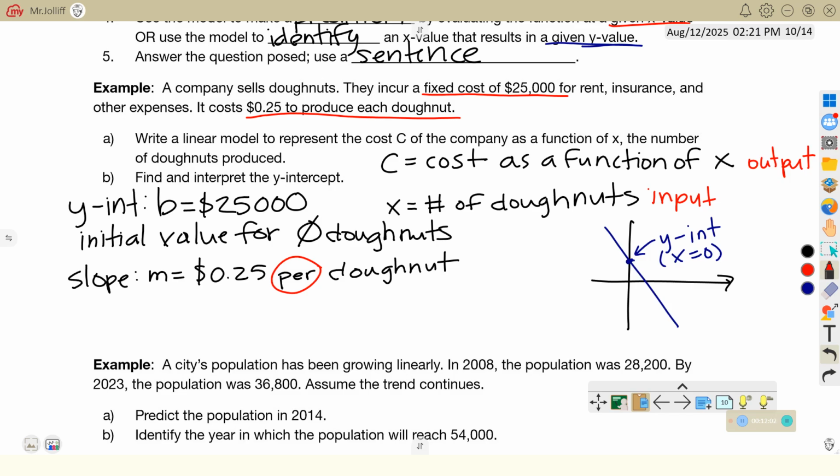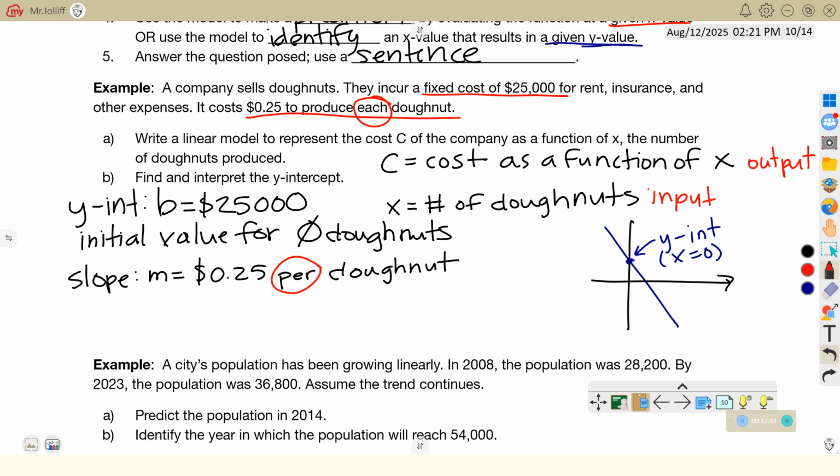So if you see something per something, that's probably your slope. We didn't see that here. We did see cost to produce each, which is 25 cents for one donut. They're giving it to you in slightly different wording, but the concept is the same. Most word problems will use "per". That is more common.